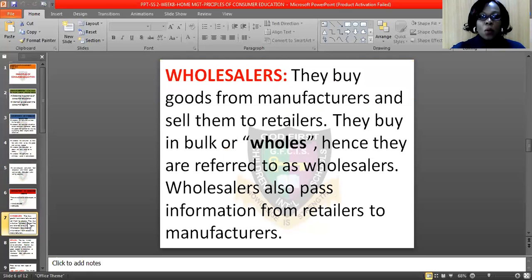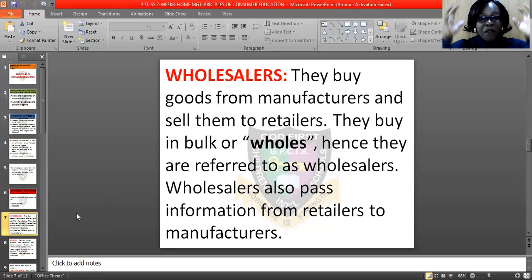Now, who are the wholesalers? Wholesalers are those that buy goods from manufacturers and sell them to retailers. They buy from manufacturers, they sell to retailers. Do you understand? They buy in bulk, or whole.